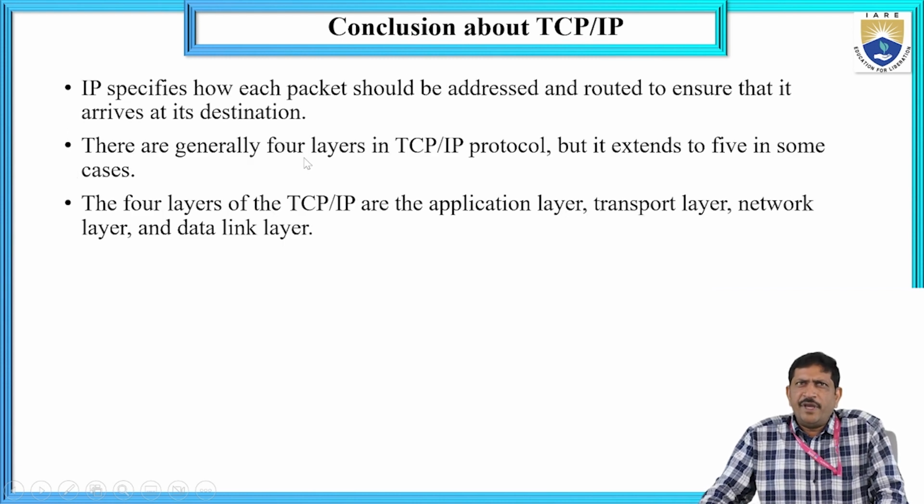And IP specifies how each packet should be addressed and routed to ensure that it arrives at its destination. There are generally four layers in the TCP/IP protocol, but extended to five in some cases. The four layers of TCP/IP are the application layer, transport layer, network layer, and data link layer.